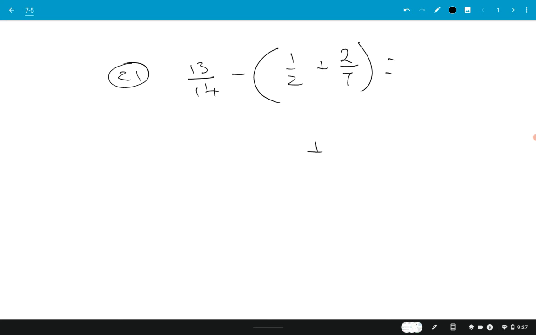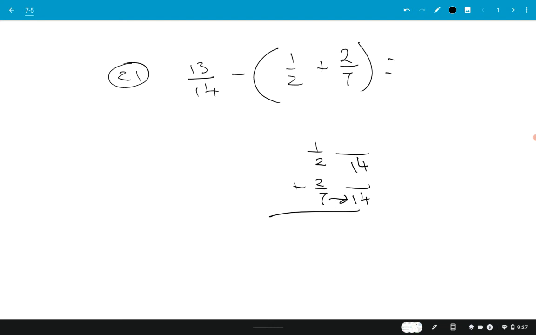So it's 13 over 14, subtracting, and this one's kind of interesting just because it has subtraction and addition in it. Okay? So you do what's in the parentheses first. So we're going to be adding 1/2 plus 2/7. What's the common denominator? 14. Heard several people say it, 14.